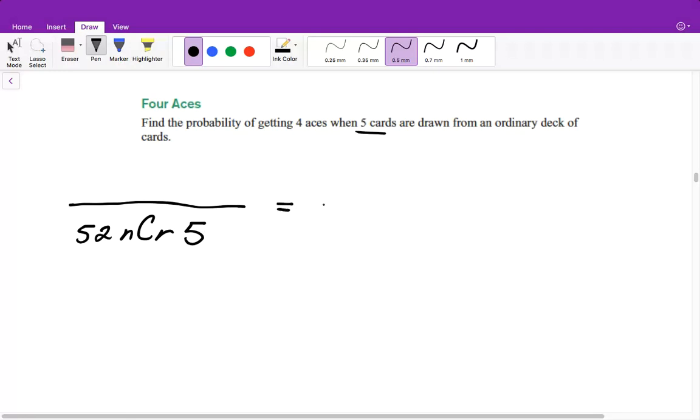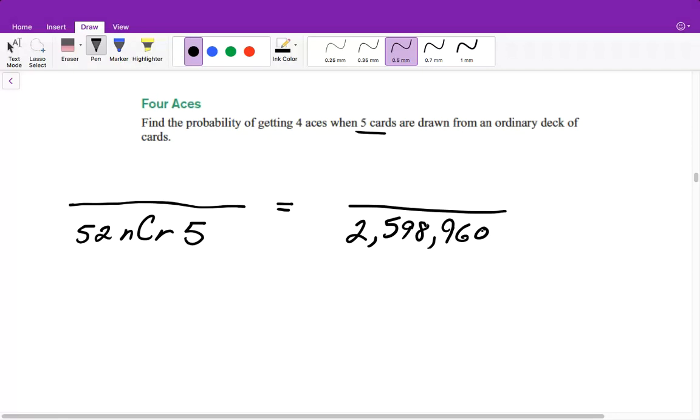And that will then equal 2,598,960 ways. So there are a total of 2,598,960 ways for us to pick 5 of these 52 cards.